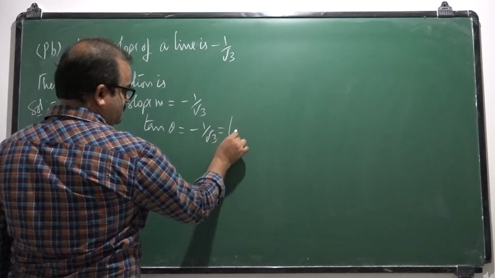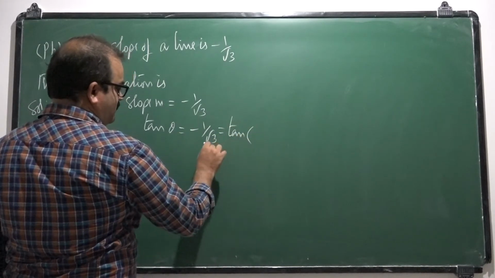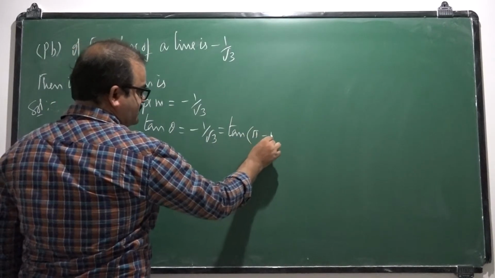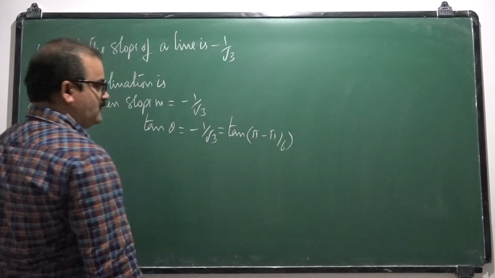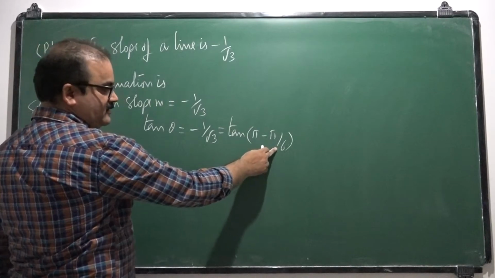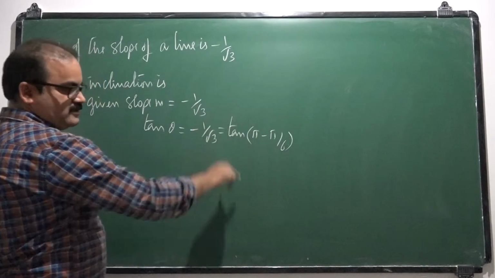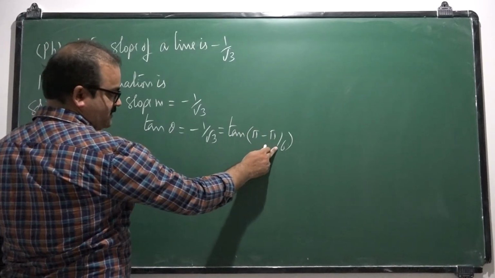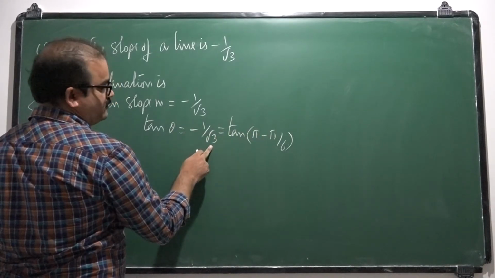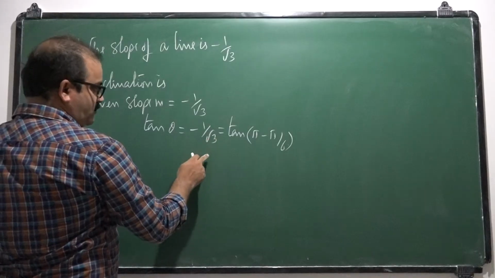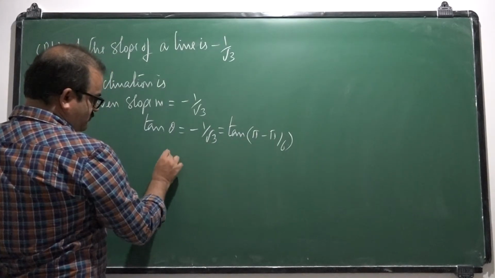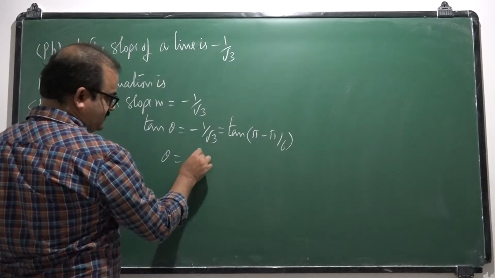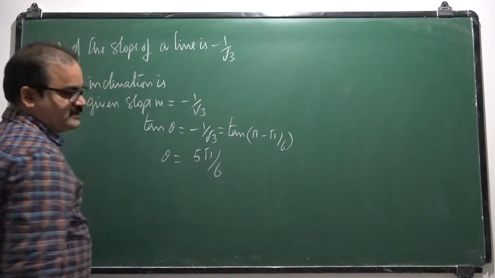This is tan of pi minus pi by 6, that is tan of 180 minus theta. In the second quadrant, tan is negative. Tan minus tan pi by 6, tan 30 is 1 by root 3. So theta equals pi minus pi by 6, that is 5 pi by 6.